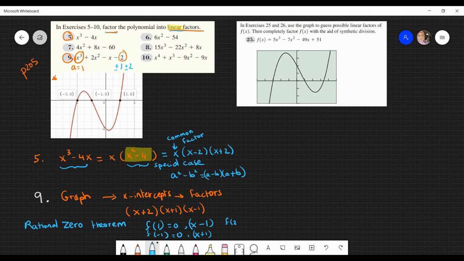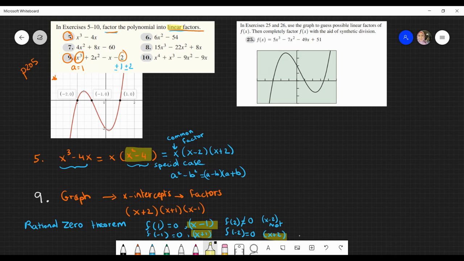If I plug in 2, I am not going to get a 0, which means x minus 2 is not a factor. And if I plug in -2, I am going to get a 0, which makes x plus 2 a factor, and I got all the linear factors using this.